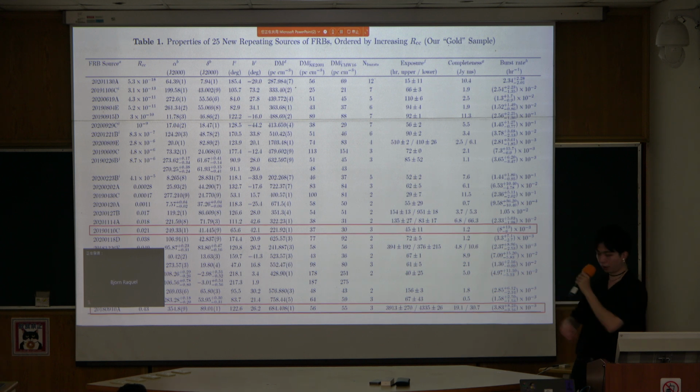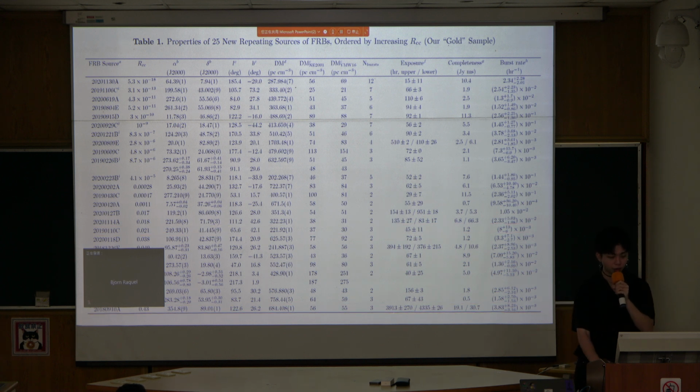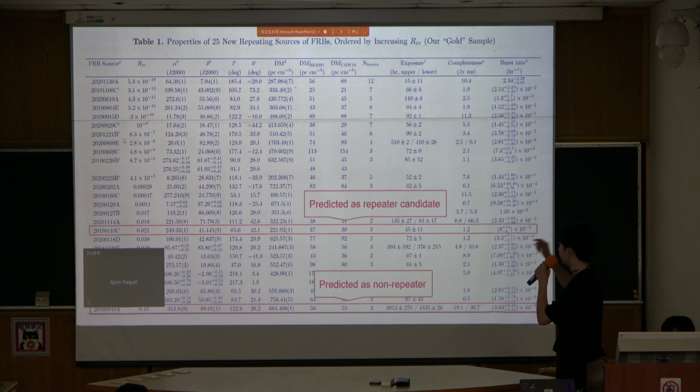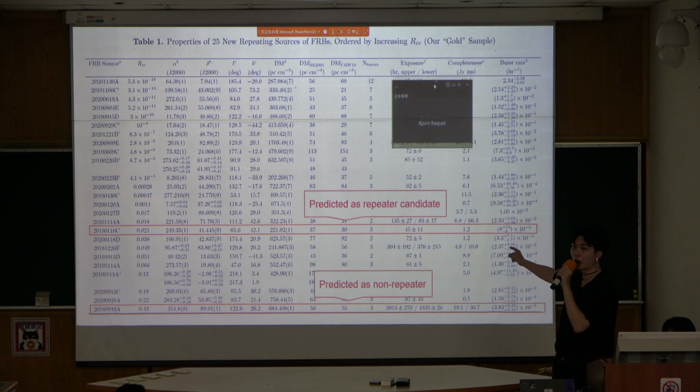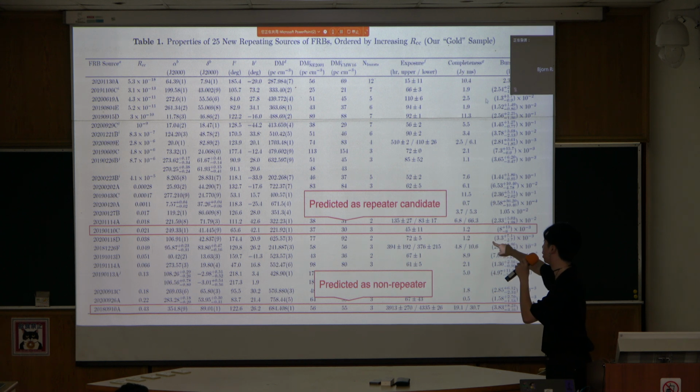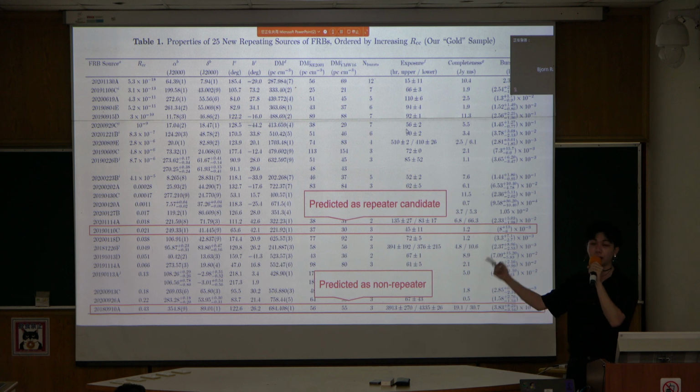Among these 2, one of them has been successfully predicted by our algorithm. So this newly discovered FRB repeater is one of the candidates that we identified in the previous slides, but the other one is a missing case.